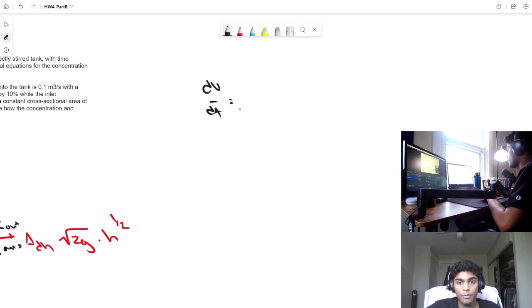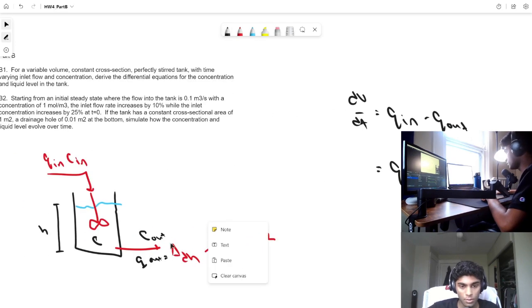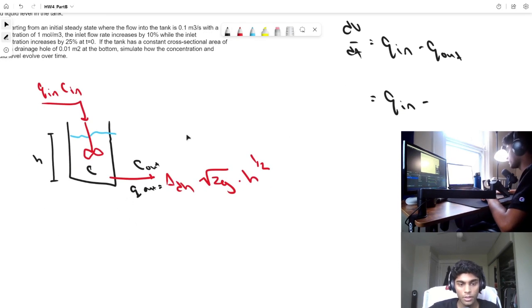And this can be simply rewritten as just the Q in minus the Q out, just a difference in our flows. But this is too simple for us. We need to spice it up a little bit. So we know that the Q in, we're just going to keep that as a Q in, that is some initial flow rate. And the Q out is equal to this thing right here.